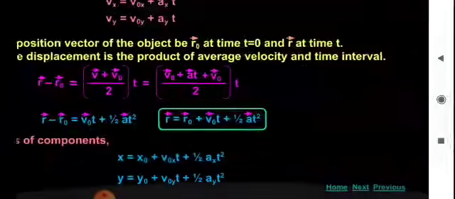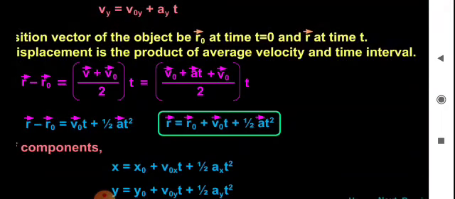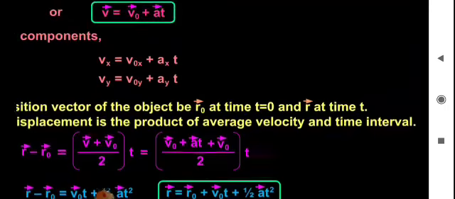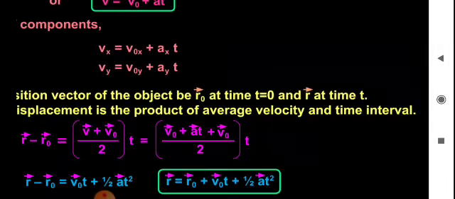So here we have v plus v naught divided by 2 into t. After that, instead of v we write this expression, v naught plus at, plus v naught, divided by 2 into t.